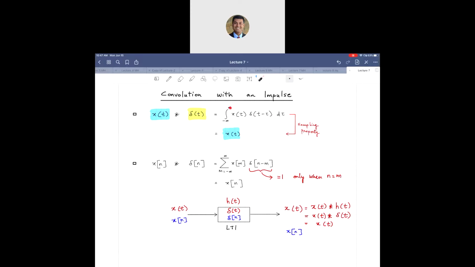Because it's going from negative infinity to infinity, this impulse will always be included, and this will always be equal to the signal over here. So this is a general property, and it will always apply. In the same case over here, whatever function goes here, it goes there.